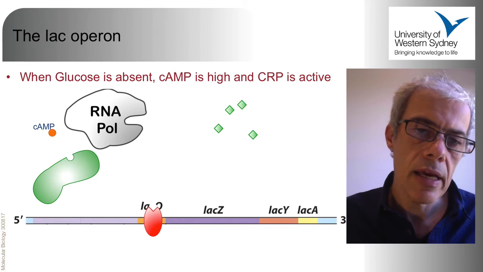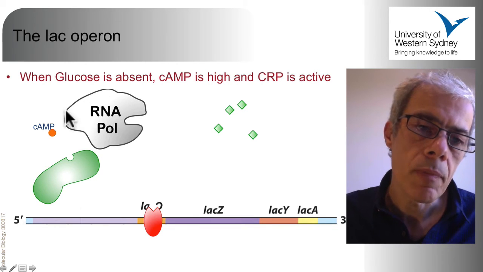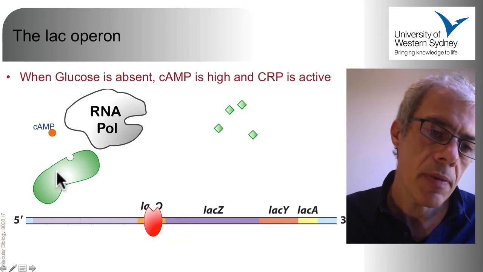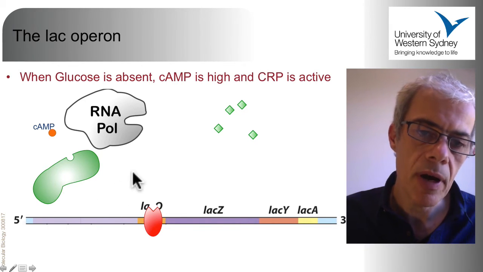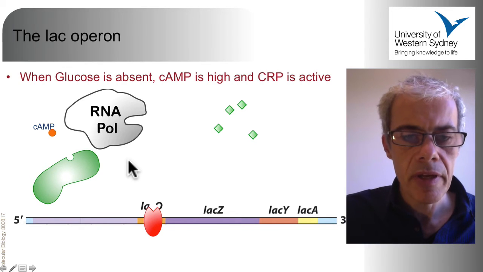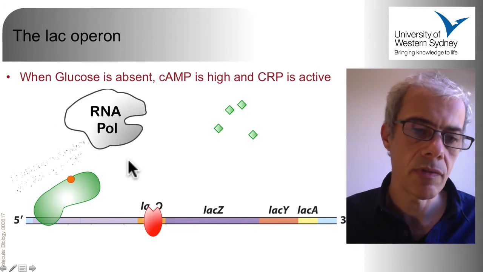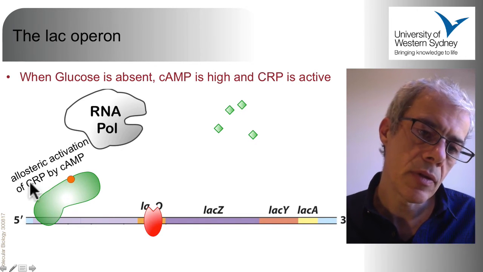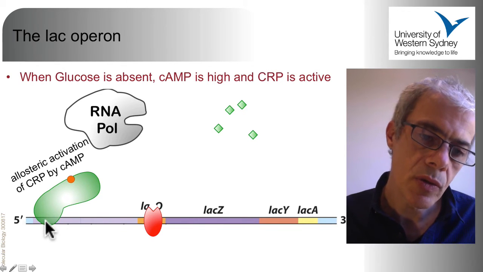Here's an animation to show the allosteric activation of the CRP to make it have a higher affinity to bind DNA. In the absence of glucose, which is the condition of Jacob and Monod's experiments, the CRP was activated and bound to DNA.